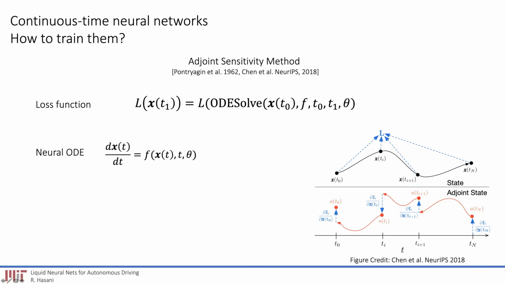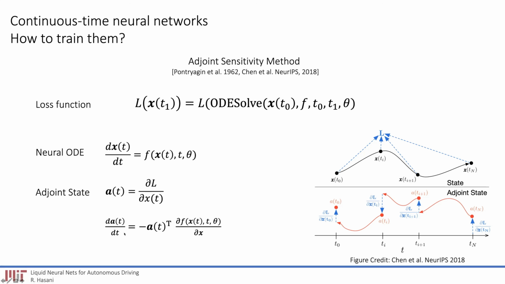The x-axis here is time, and you can compute the trajectory of this system forward, and you can compute a loss. And then the adjoint sensitivity method adds an auxiliary differential equation, with an additional adjoint state for the network optimization, which is the derivative of the loss with respect to the parameters of the system.